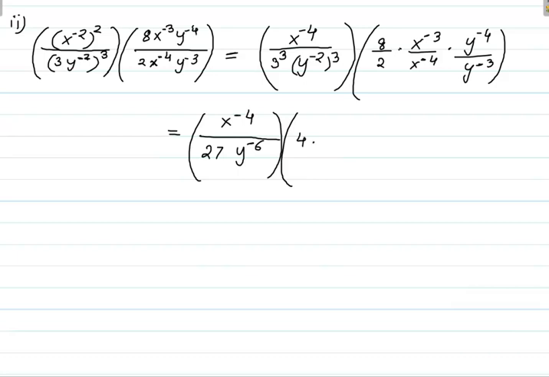It gives you 4 times x raised to, again we can apply the quotient rule here. Using the quotient rule, we know that the powers get subtracted. So we subtract the lower power from the upper one. So negative 3 minus negative 4, times y raised to negative 4 minus negative 3.